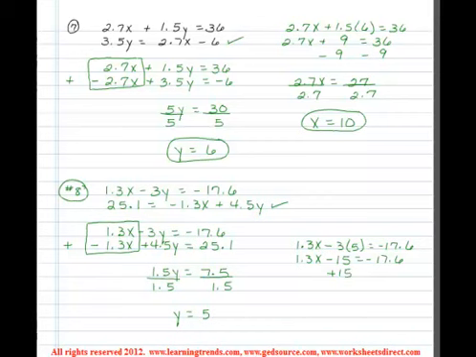Add a positive 15 to both sides, and you'll see that 1.3x equals a negative 2.6. When you divide both sides by a positive 1.3, you'll see that x equals a negative 2. So the answer for number 8 on this worksheet is y equals 5 and x equals negative 2.